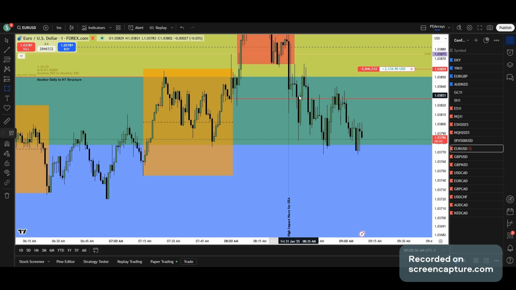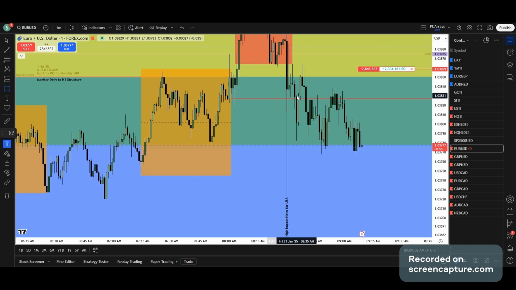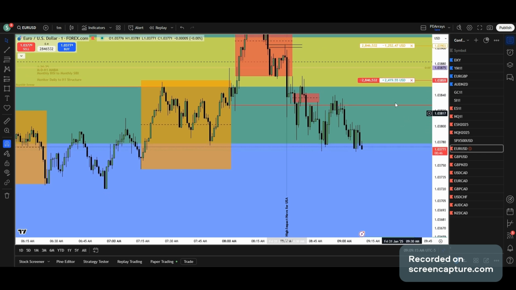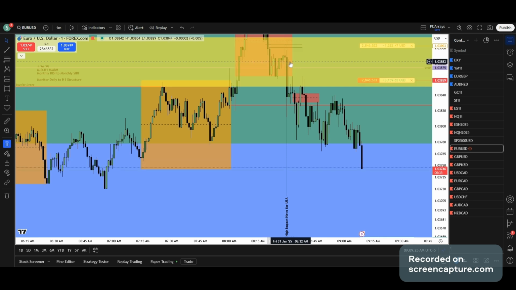It's going to be messy, but yeah. So this fair value gap here is what I was using. But I had my stop up here, because I wasn't expecting for price to run back over this immediate imbalance rebalance.